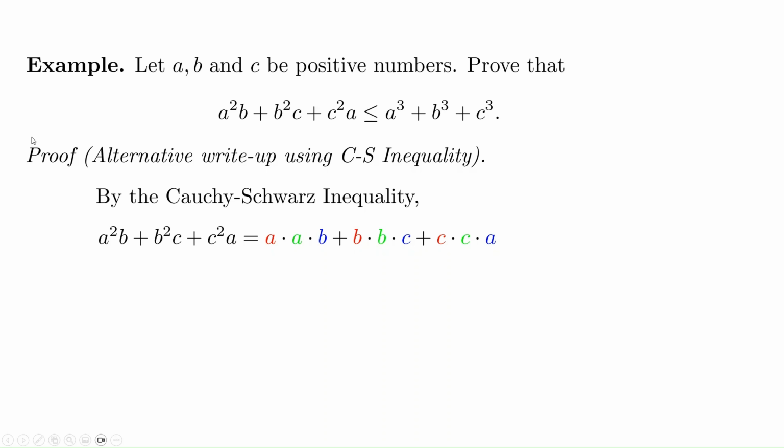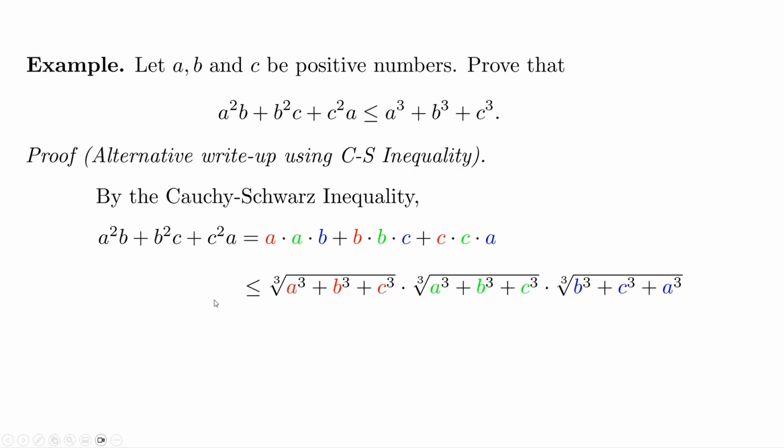The left-hand side of the inequality is actually the sum of the component products of three vectors: a red vector a, b, c, a green vector also a, b, c, and a blue vector b, c, a. Then, by the Cauchy-Schwarz inequality for three vectors, it is less than or equal to the product of the three norms of the vectors. And the proof is done.